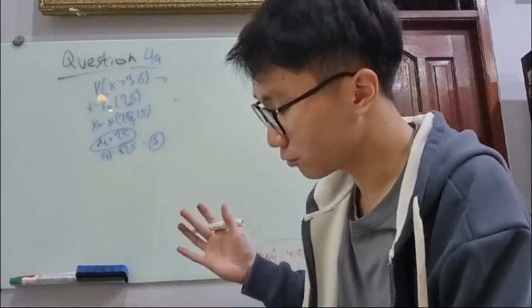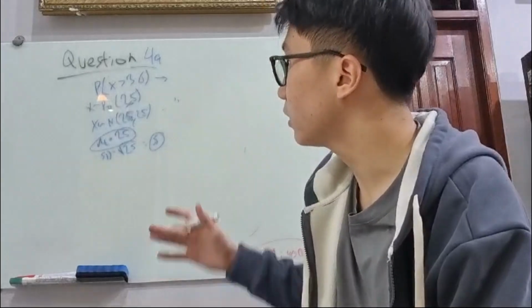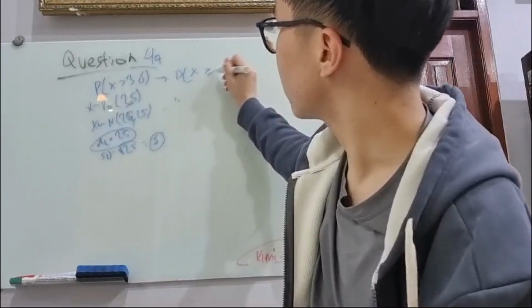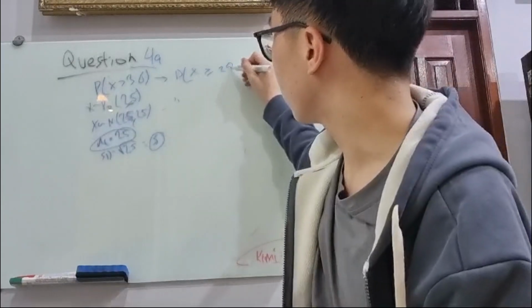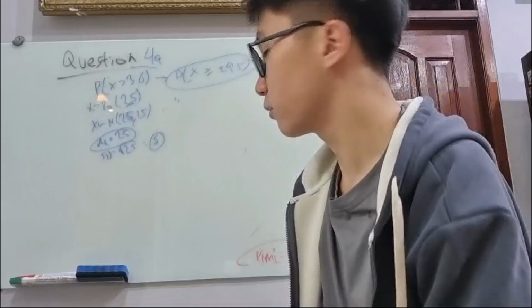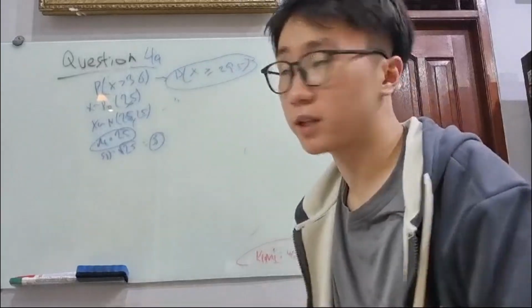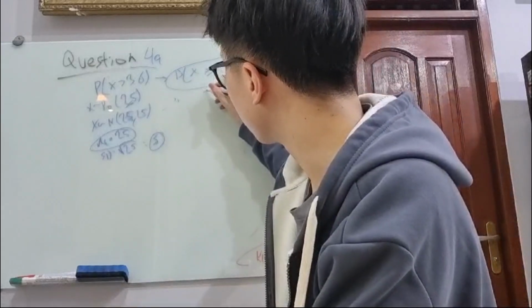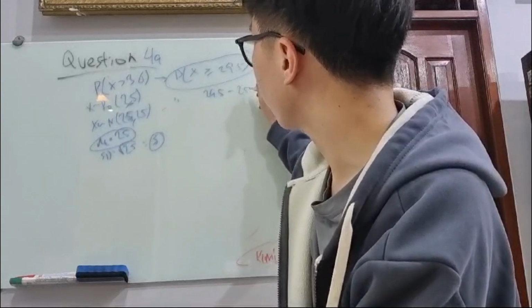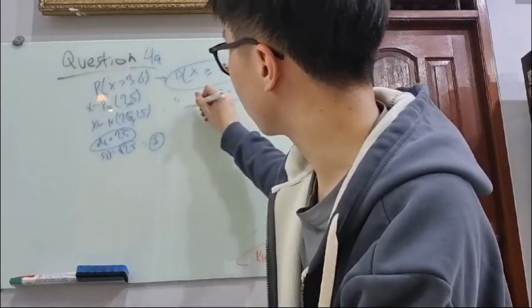So we have to shrink down the border and include our nearest value, which is x more than or equal to 29.5. This becomes our new z value, right? So we just need to input it in our calculator. So 29.5 minus 25 divided by 5 to get the z value.